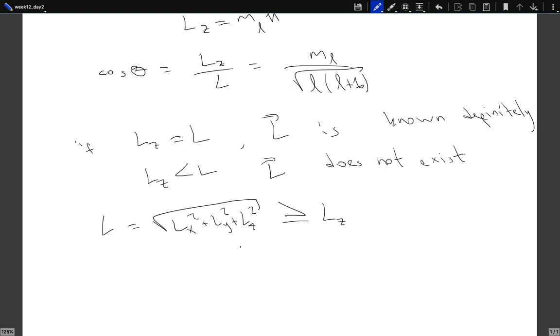It doesn't violate the uncertainty relation. We can know the momentum along an axis. Again, it doesn't violate the uncertainty relation. We cannot know both of them. So here we know the z component of angular momentum. There's no problem with that.